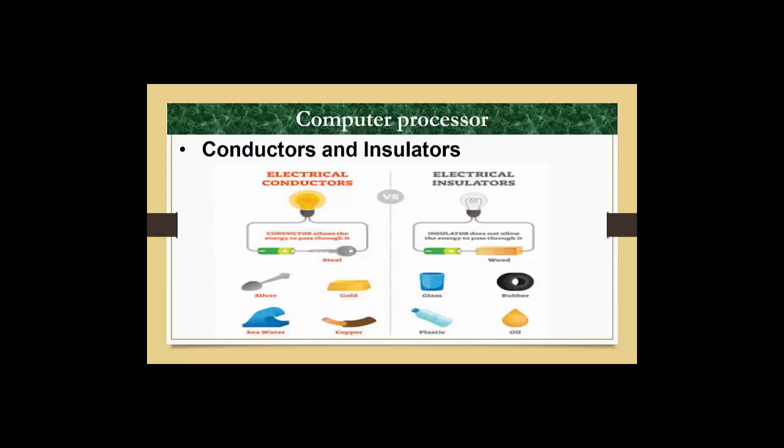But students, the main job of insulators is to not allow electrons to pass. And students, some electricians, when they work with wires and with electricity, use rubber gloves. The electrician uses gloves to protect their hands and their body.